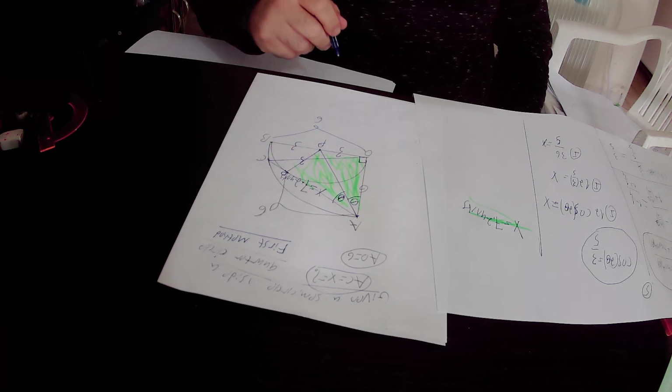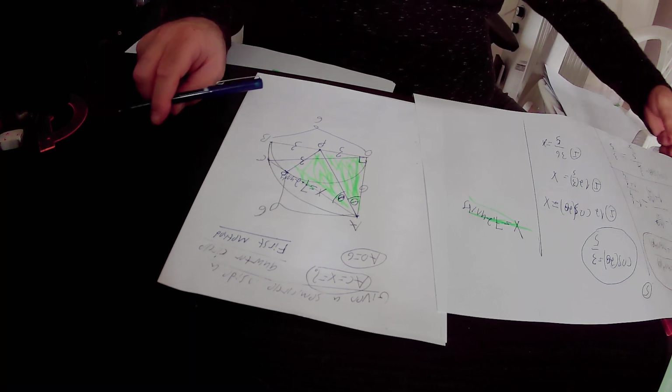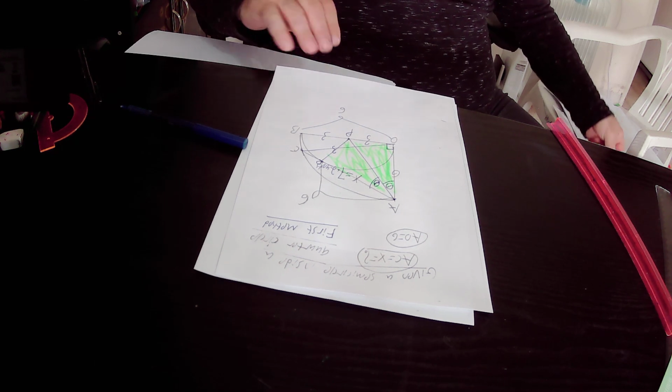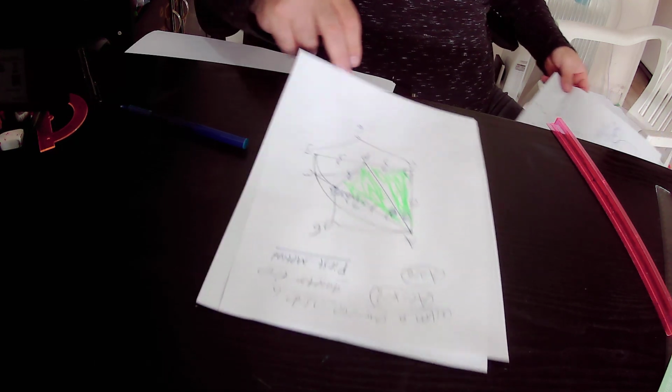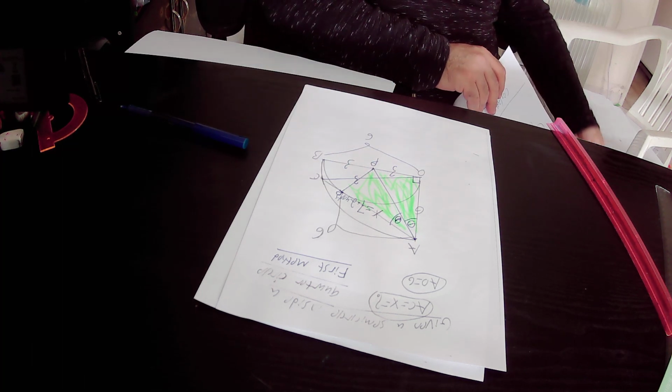We finished with the first method. In the next step, I will present to you how to find out the length of line segment AC that is equal to x according to the second method.